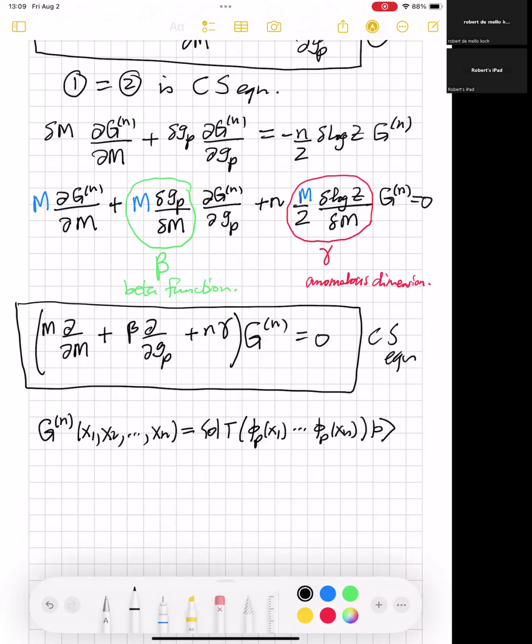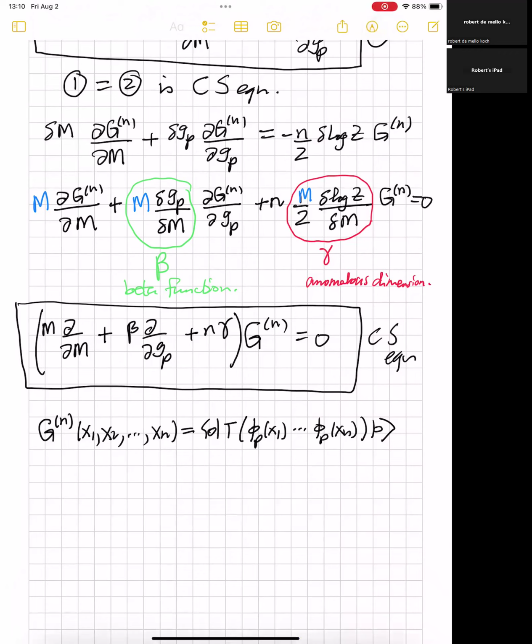So all of these different correlation functions would obey this partial differential equation, and it's entirely determined by two functions, beta and gamma. And so what you could imagine doing, imagine you calculate, say, the 2-point function. We'll work at weak coupling. So let's say you calculate the 2-point function to one loop, and you calculate the 4-point function to one loop.